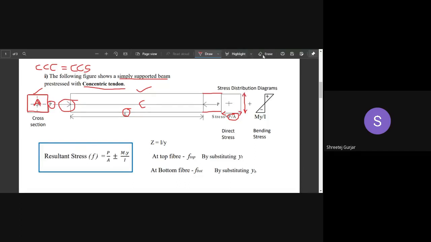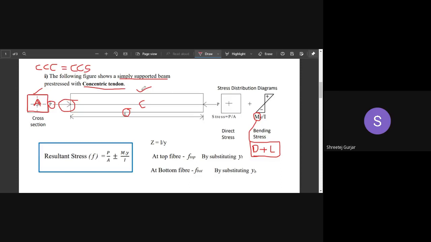Now moving on to the next one, you can see there is this stress diagram which is generated because of your moment. This moment is due to dead load plus your live load. To calculate this moment, first you have to calculate your dead loads, and look into what live loads are coming.